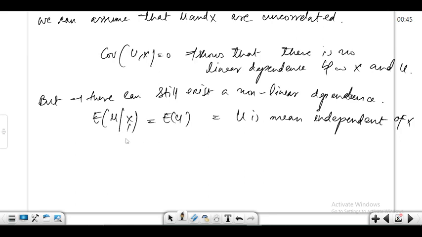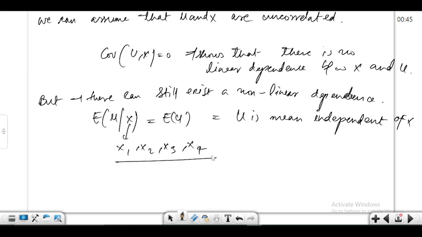So I take different values of x, and for every x I take the expected value of u given that x value. The value that I get will be equal to the value of u for the entire population.